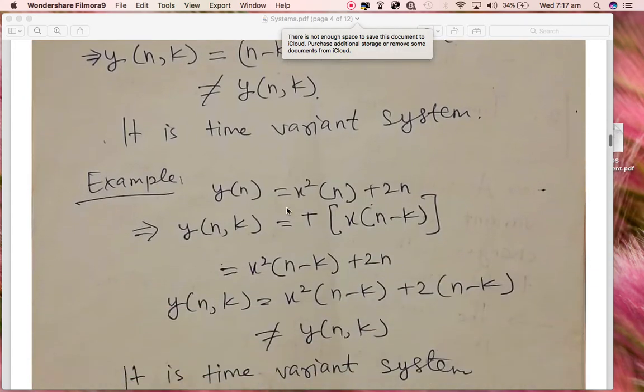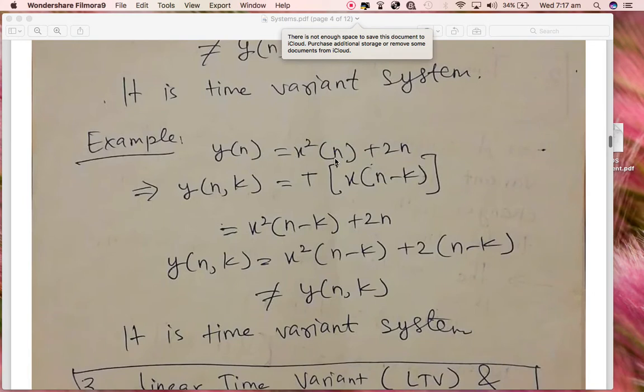Again we have another example in which there is a system identified by this equation, and firstly we have to calculate y(n,k), and this is y(n-k). So when we do the calculation of y(n,k), then we replace this n with n-k, and this is not within the time bracket, it is outside the time bracket, so we do not replace it with n-k, it will remain as n.